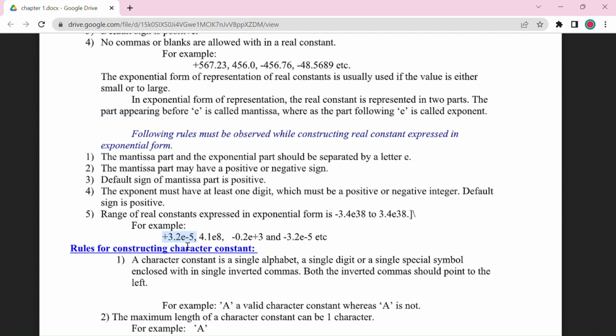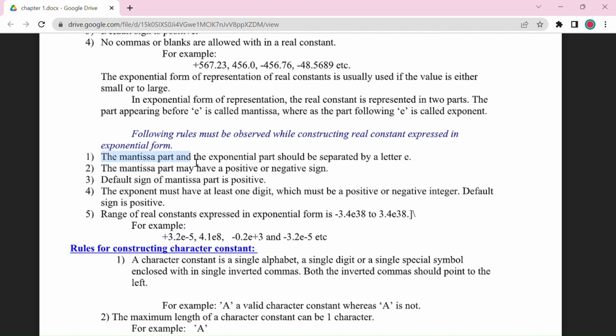Take a look at this example. The part before E, this positive 3.2, is the mantissa, whereas the part following E, this negative 5, is called the exponent. Same here: before the E, 4.1 is the mantissa, and after E, that is 8, is the exponent, okay?